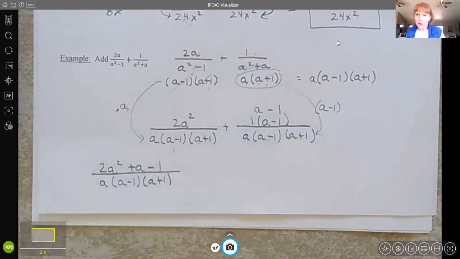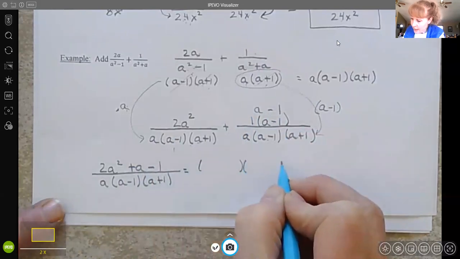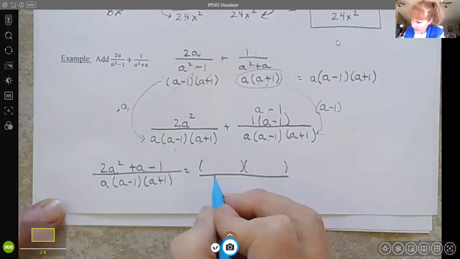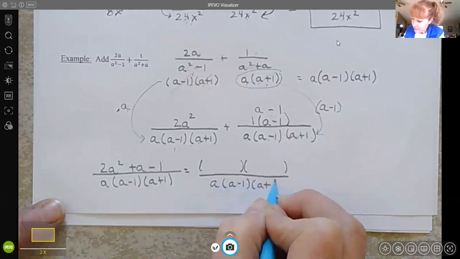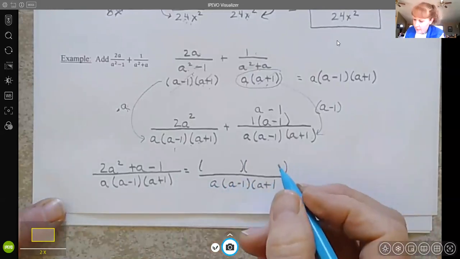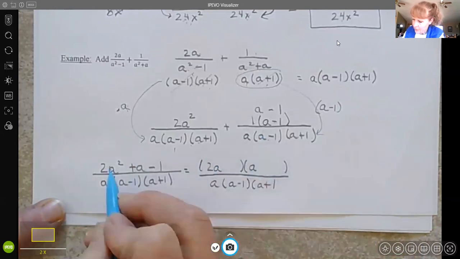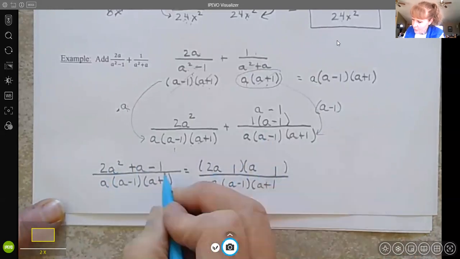And can this be factored? Let's see, it might because of that minus 1. Let's look and see what we've got here. There's no guarantee, but we'd probably better try. And then I'll have a minus 1, a plus 1. Well, let's use the guess and check. We've got 2a times a gives you 2a squared. 1 times 1 gives you 1.